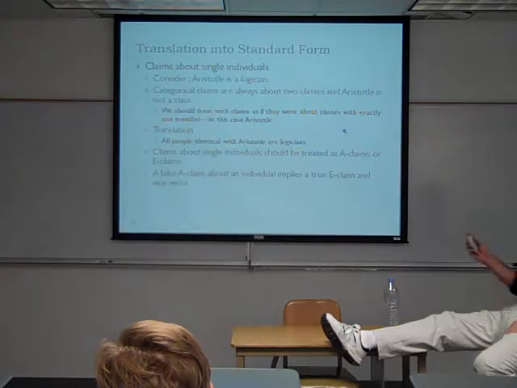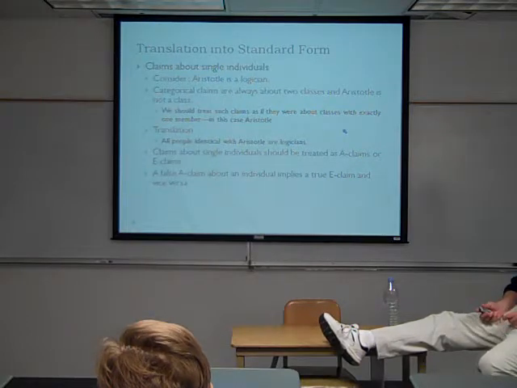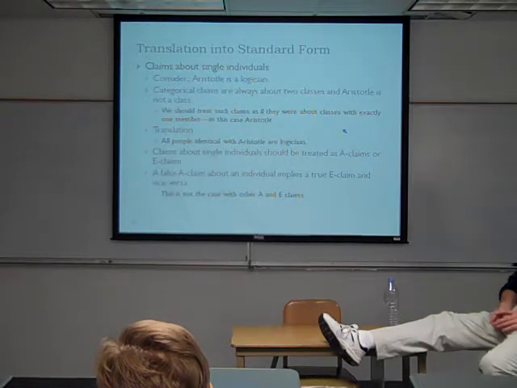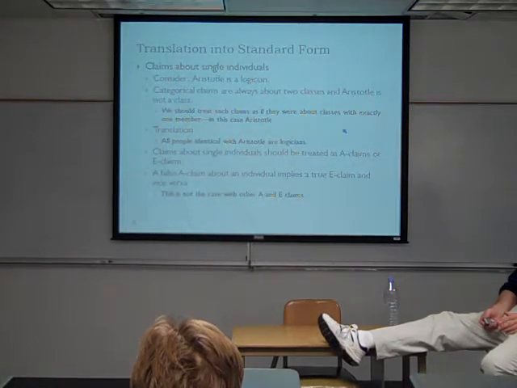So either the A is false or the E claim is false if we're dealing with single individuals, once again. Unique situation. This is not the case with other A and E claims. If we're dealing with ordinary classes, what we say here is not true.